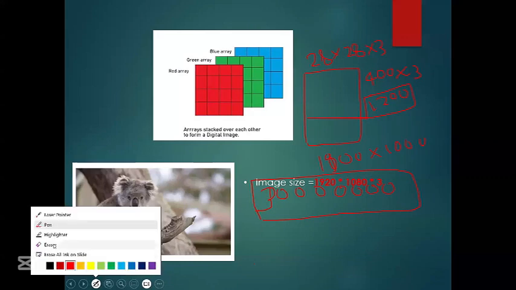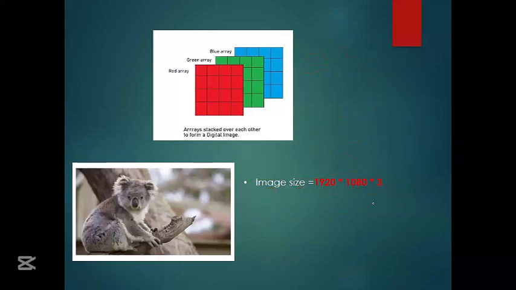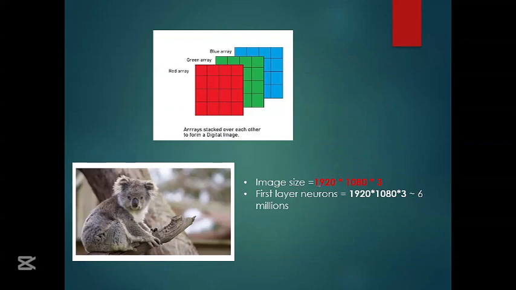Let me erase this. Okay, so this is one of the calculations I made. This Cola image has 1.9k into 1,800 pixels into 3.